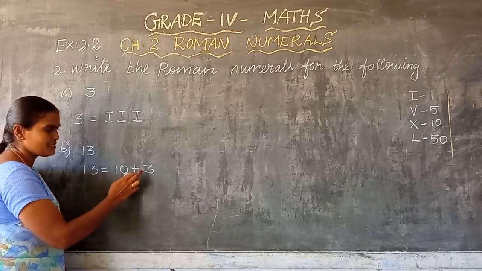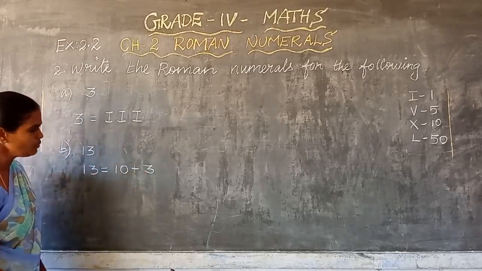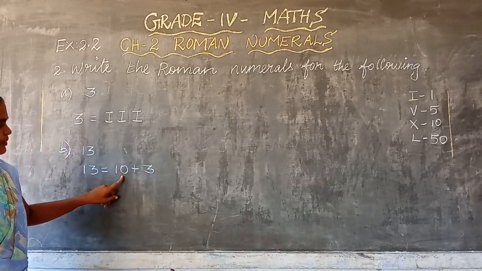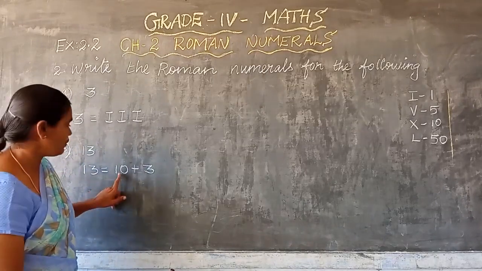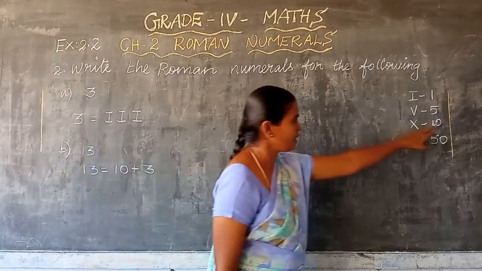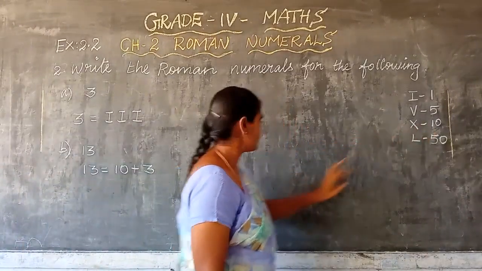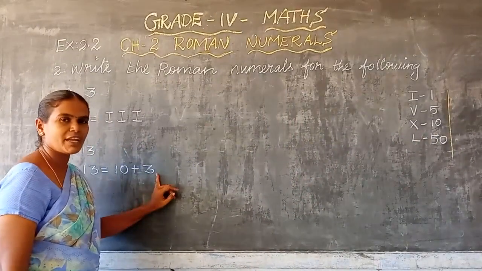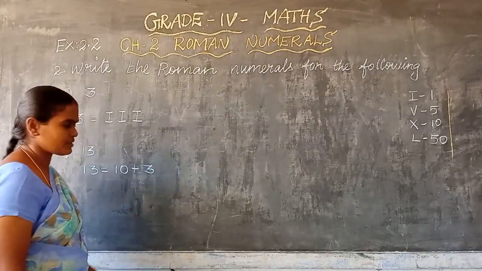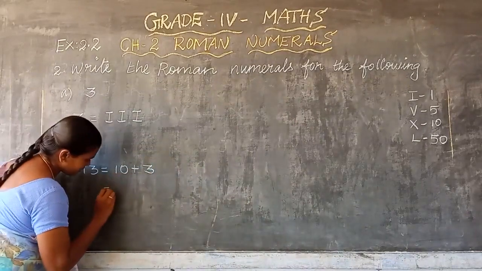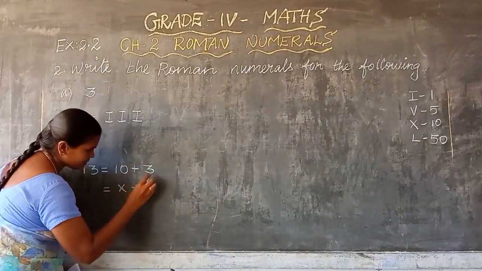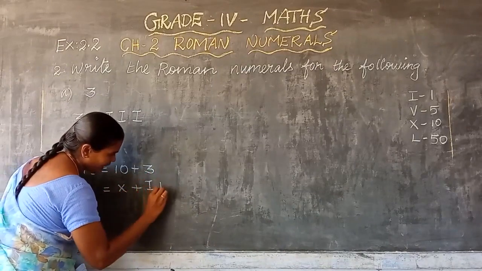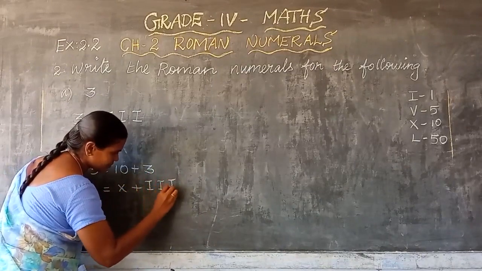So 10 plus 3. Now we know the Roman numeral, value of 10 means X. 3 means we are writing I 3 times. So 10 means X plus 3 means we are writing I 3 times.